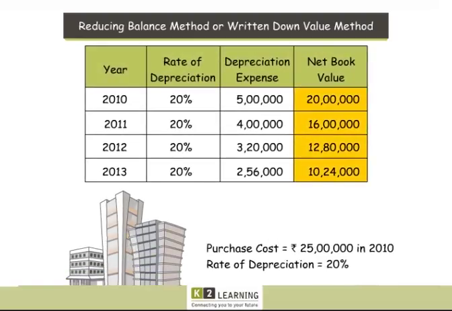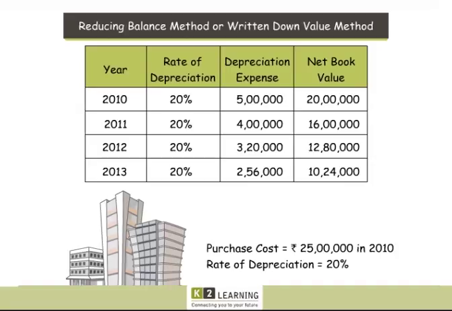Depreciation is charged on the written down value every year. The rate of depreciation remains constant, whereas the amount of depreciation goes on decreasing. The value of an asset can never be extinguished or brought to zero as in the straight line method.